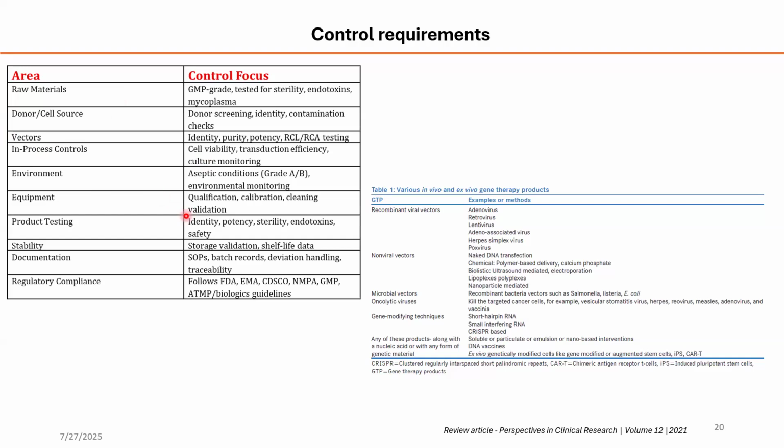And the product testing for identity, sterility, endotoxin, whether they are endotoxin free, what safety procedures have been followed, what is the storage validation, what is the shelf life of the product, all these have to be documented. And the batch records, how many batches have been used, what is the deviation, what is the traceability, and all the regulatory compliance has to be done to get the final product approval.